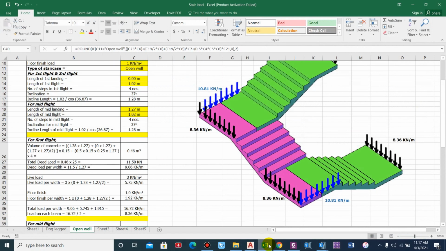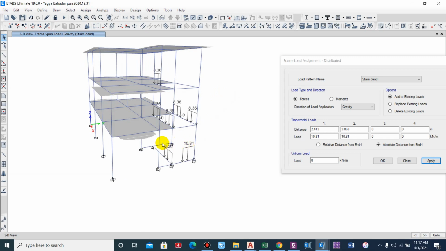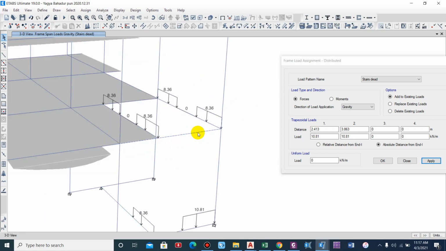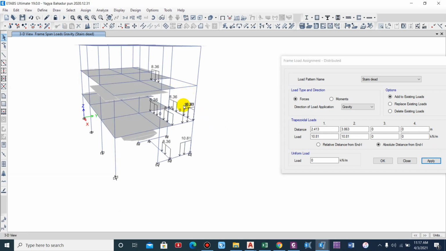And what was the load? 10.81, 10.81. Apply. Similarly, it will also have 10.81. There won't be any load up to this point.